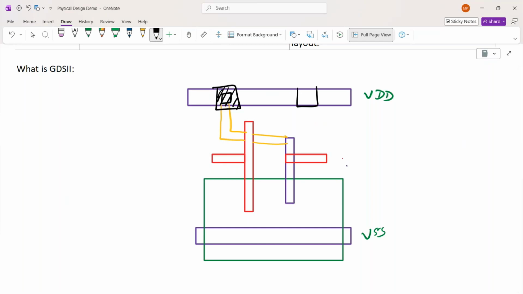These input outputs are connected here. Some more connections we have here like this.